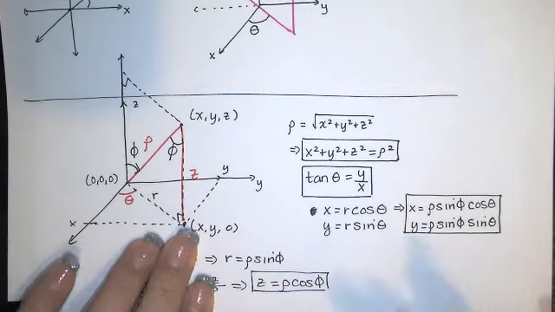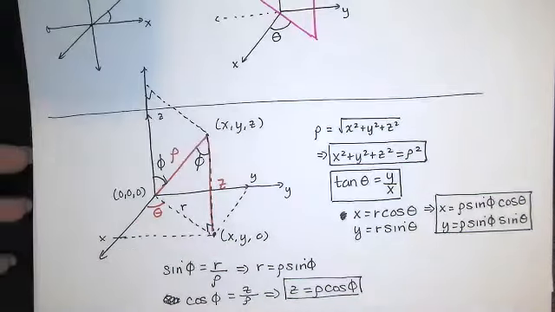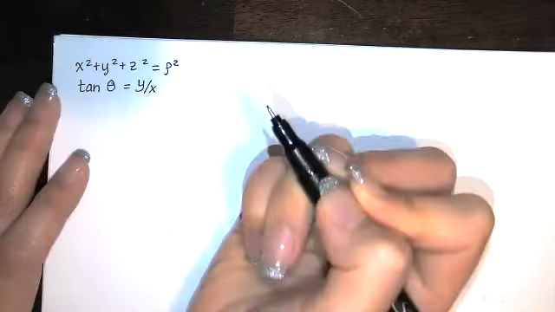I know this is kind of messy, so I'm going to put this on another page. Let's flip it. Here are our formulas. So we've got x squared plus y squared plus z squared equals rho squared. We know that tangent of theta is y over x.